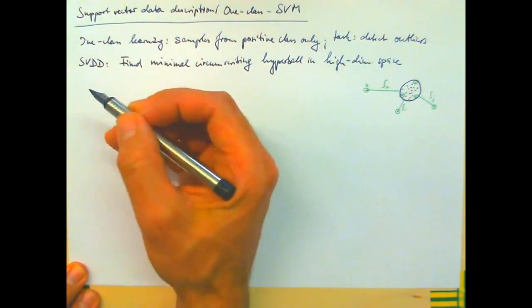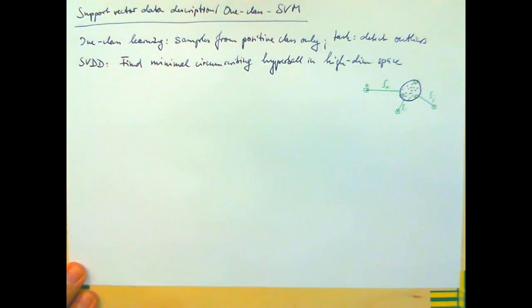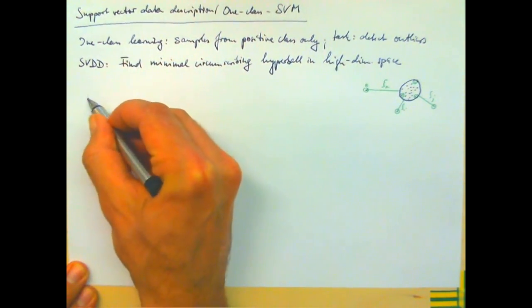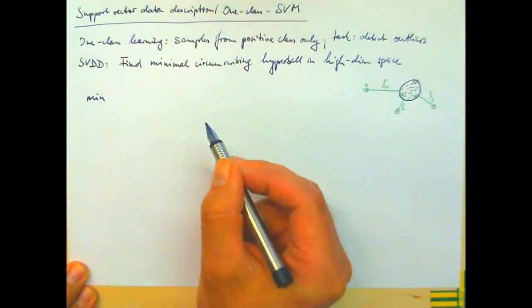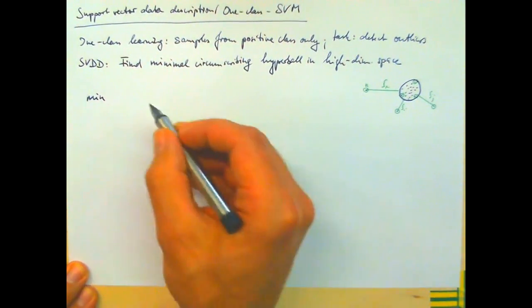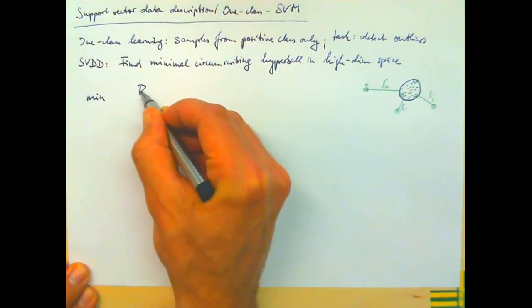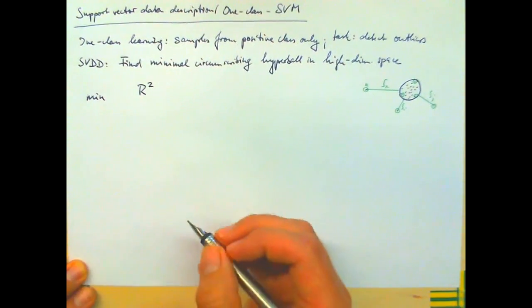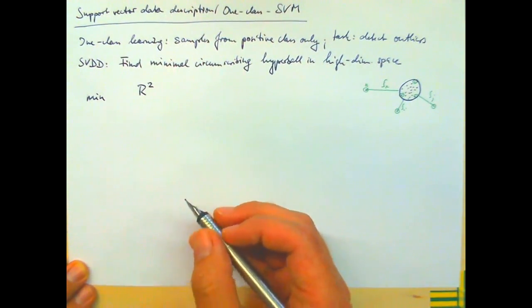I will do the math. It's similar to what we did last week, but I think it will help to repeat those concepts. So we're trying to find the smallest possible hyperball. For mathematical convenience, we will again use the square of the radius.